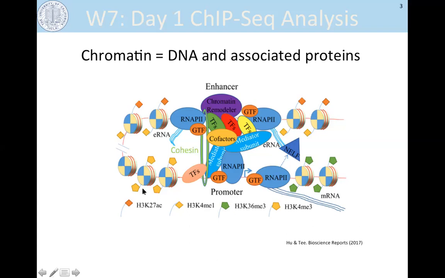And also transcription factors can be found tens or even hundreds of kilobases away from genes that they are regulating, in distal intergenic regions or a lot of times in introns, where transcription factors are binding these distal regulatory elements, also known as enhancers. And these can recruit cofactors such as chromatin remodelers or histone modifying enzymes.